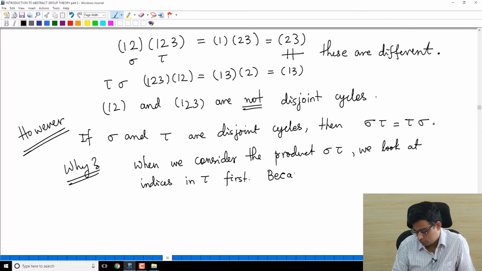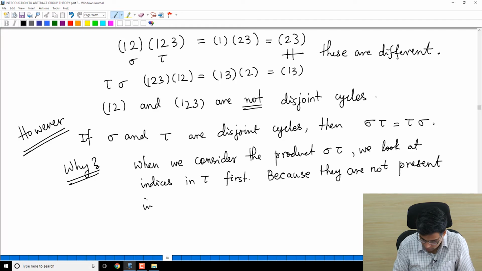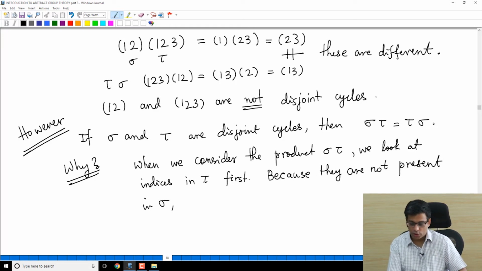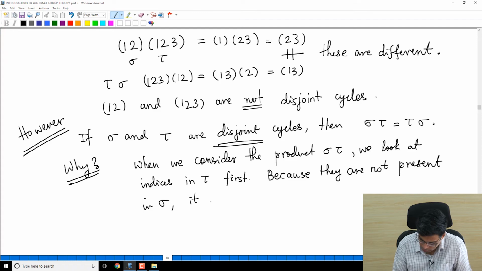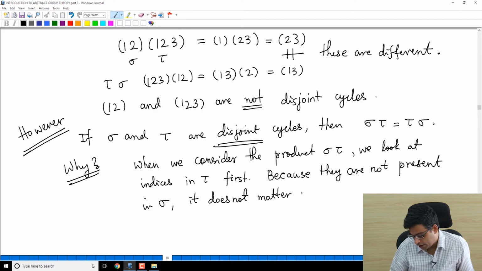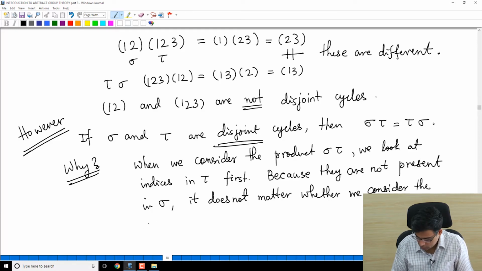Because they are not present in sigma, because they are disjoint cycles. This is very important. Because they are not present in sigma, it does not matter whether we consider them first or after sigma.